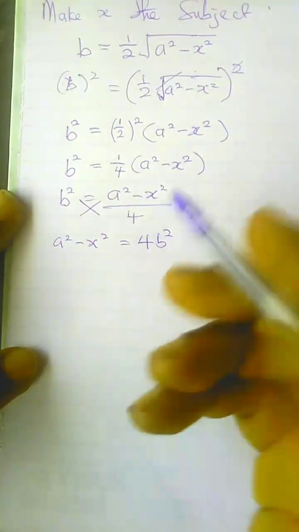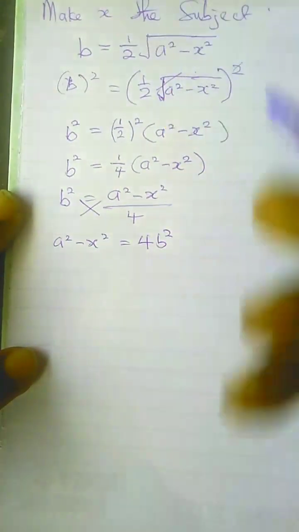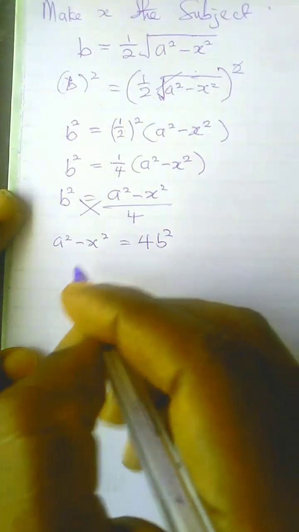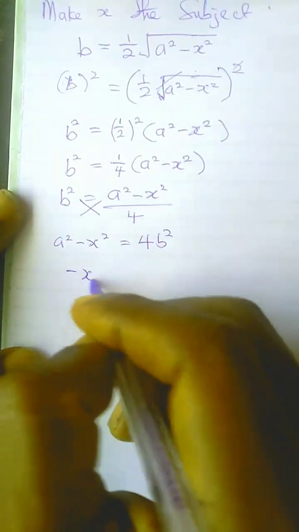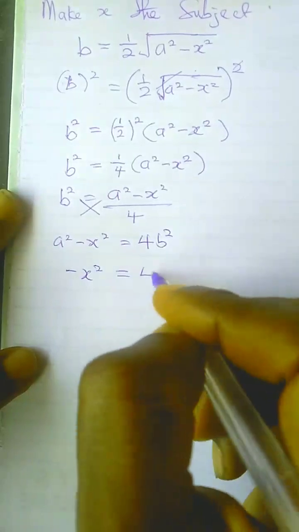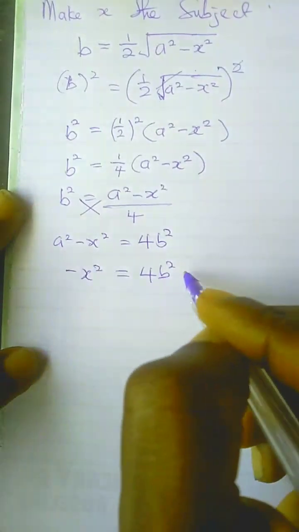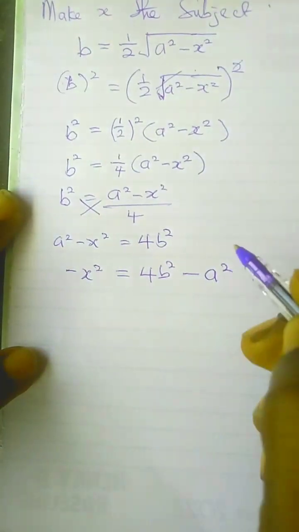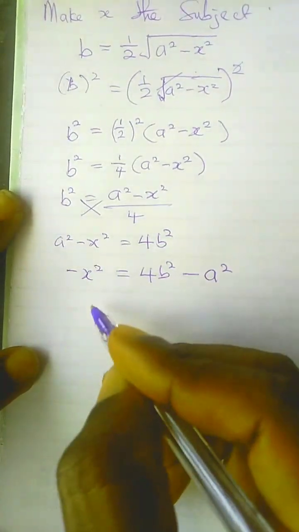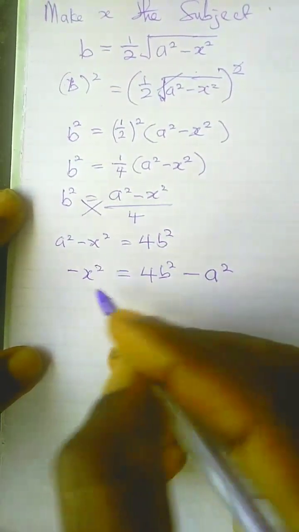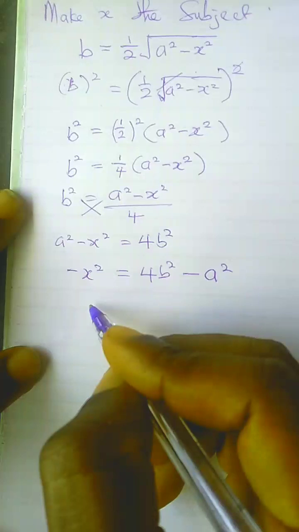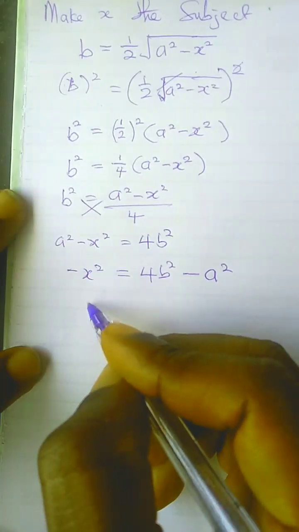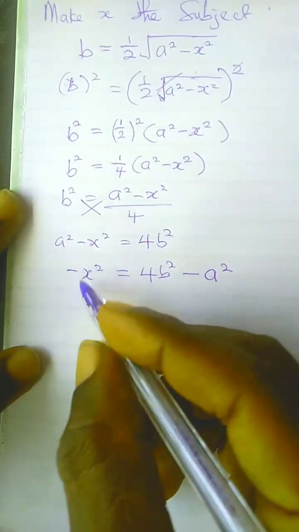Then remember that we are making x the subject of the formula. So which means I will now have minus x squared is equal to 4b squared, and this one comes here, becomes minus a square. Let me get rid of this minus sign first.